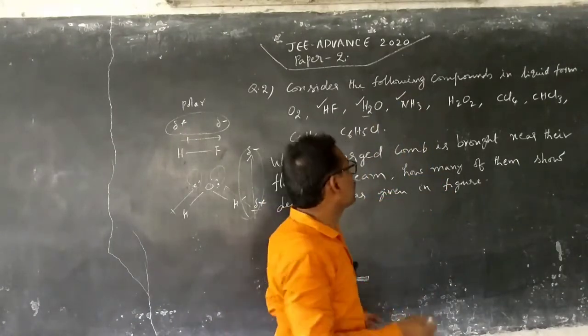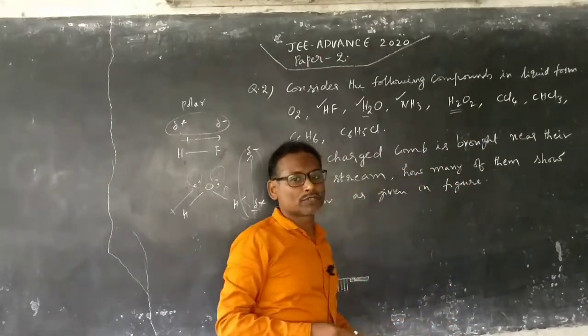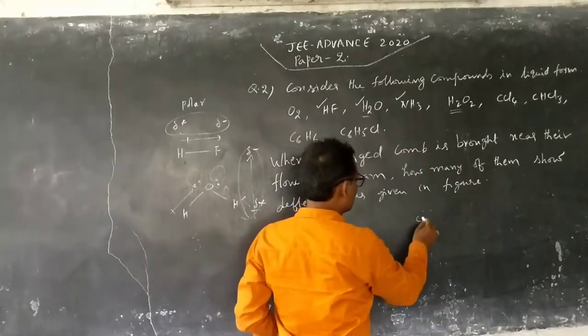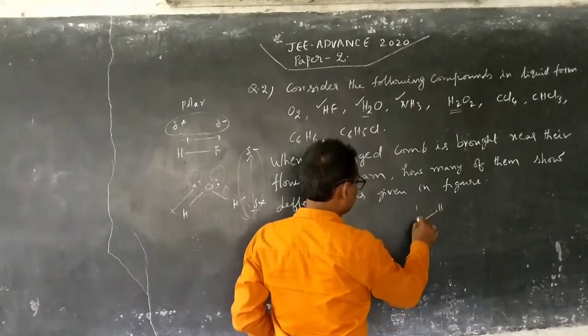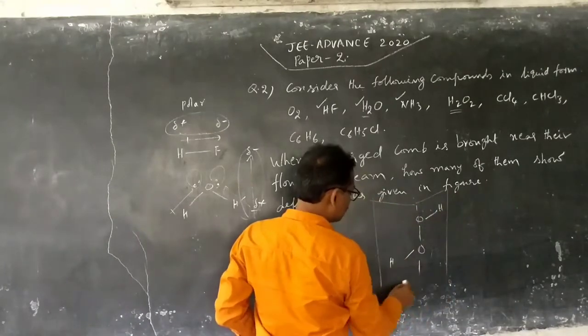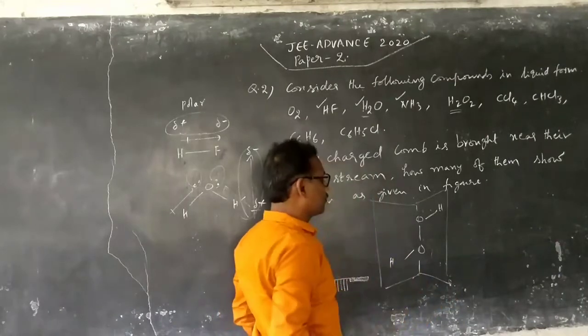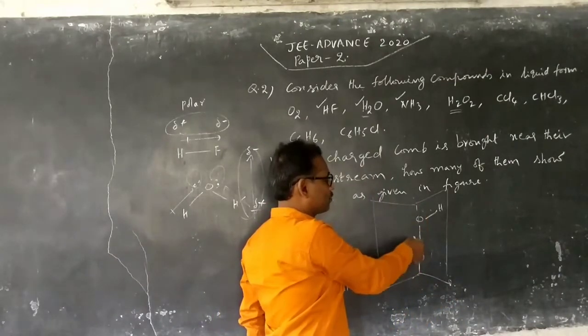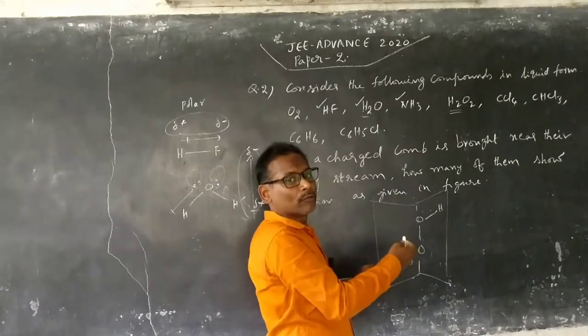It is also polar. And H2O2 has an open book structure. In an open book structure, there is no scope for cancellation of the bond moments.